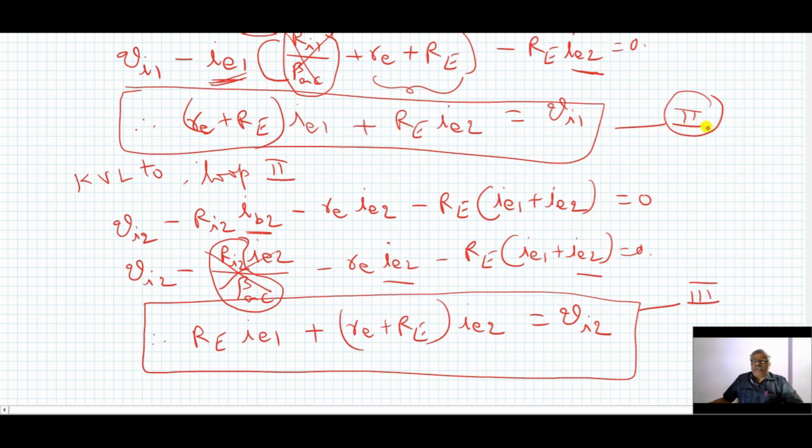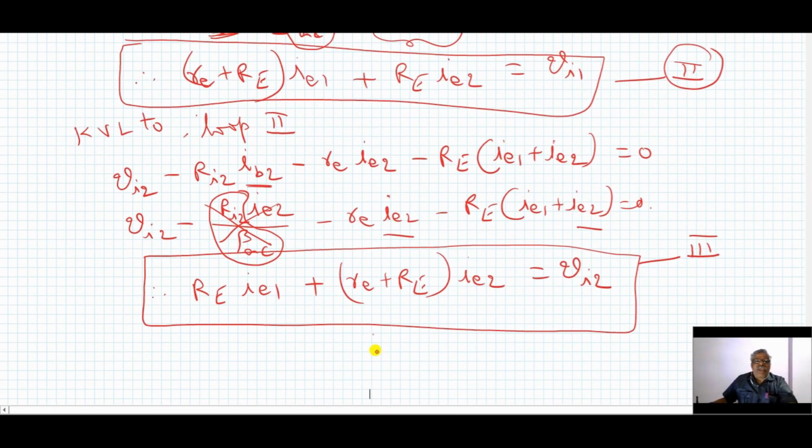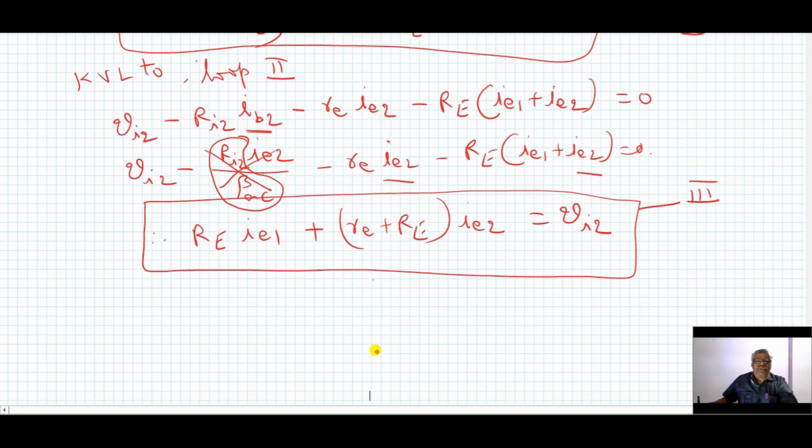Now, if you observe carefully, equation number 2 and equation number 3, IE1, IE2 are the two variables. To solve two unknowns, two equations are required. We have two equations on hand, so we can easily solve these two equations. Then we can find out the values for IE1 and IE2.